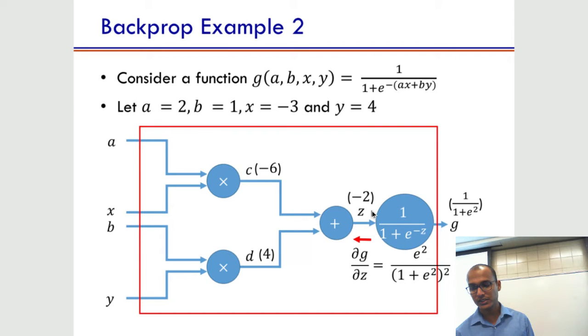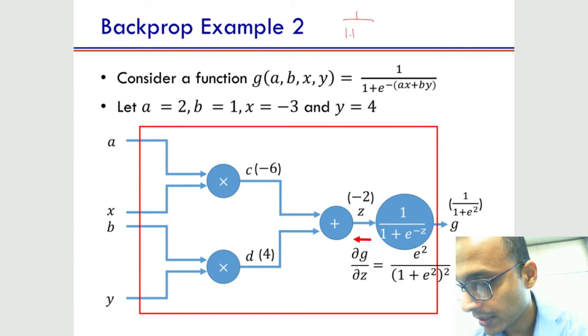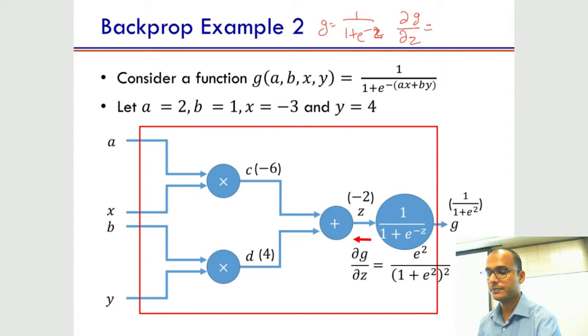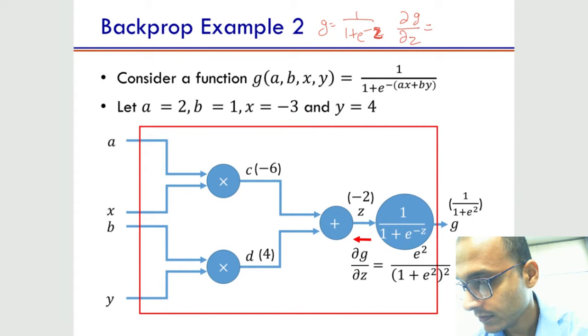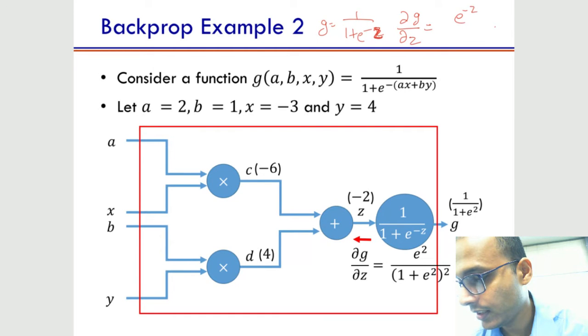So the gradient of g with respect to z is going to be some single number. If the function is g(z) = 1 / (1 + e^(-z)), then the gradient of g with respect to z is e^(-z) divided by (1 + e^(-z)) the whole squared.